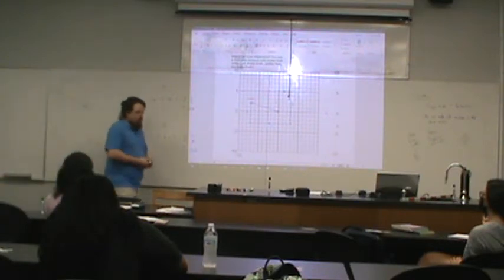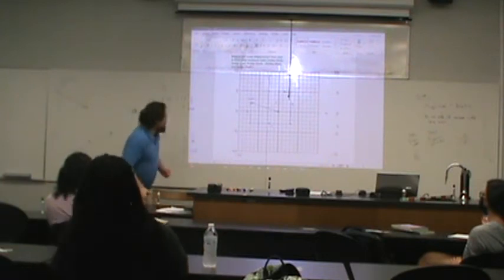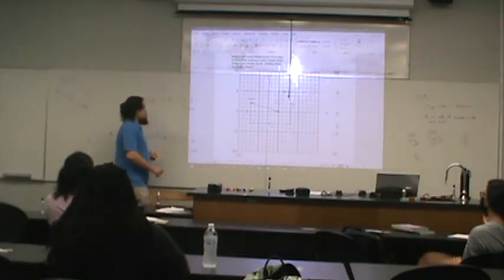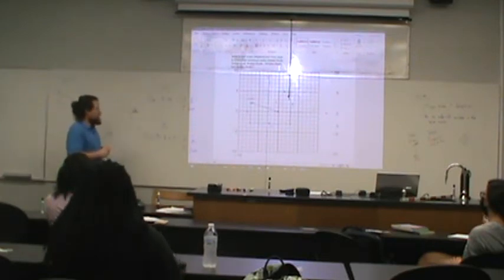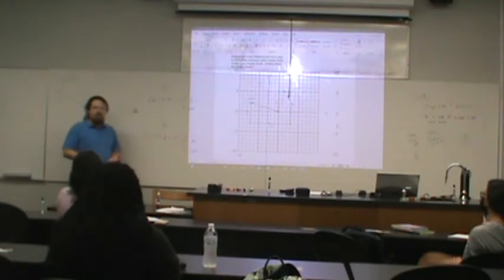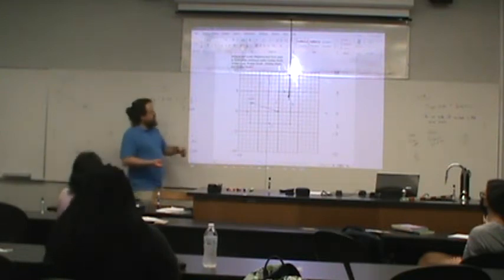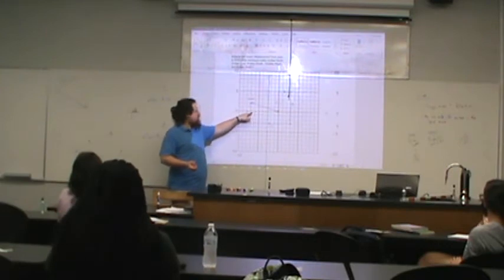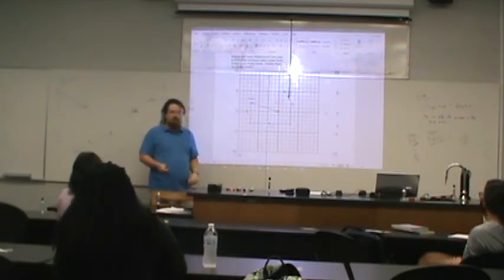And these two components together, -7x and the 2y, give us the graphing coordinates for where we end up. 1, 2, 3, 4, 5, 6, 7 in the negative x direction, and then 2 upwards in the y direction.